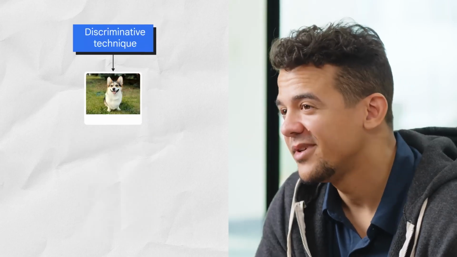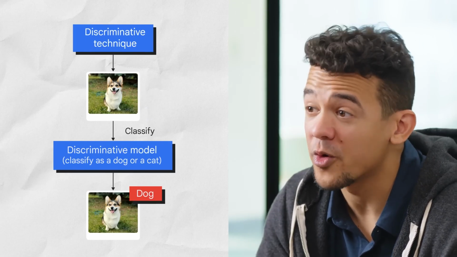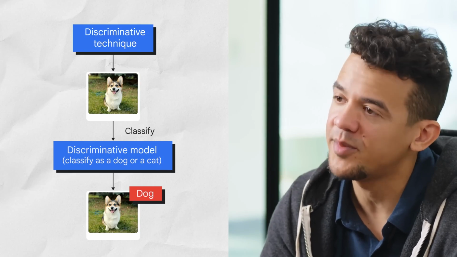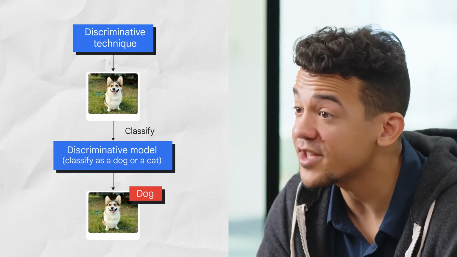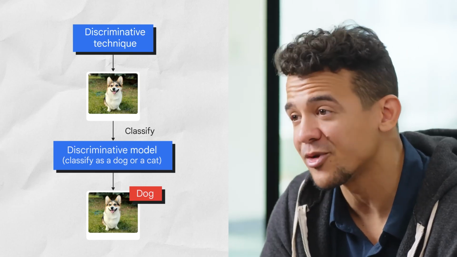Take this example. Here, the discriminative model learns the conditional probability distribution, or the probability of y, our output, given x, our input, that this is a dog, and classifies it as a dog, and not a cat, which is great because I'm allergic to cats.